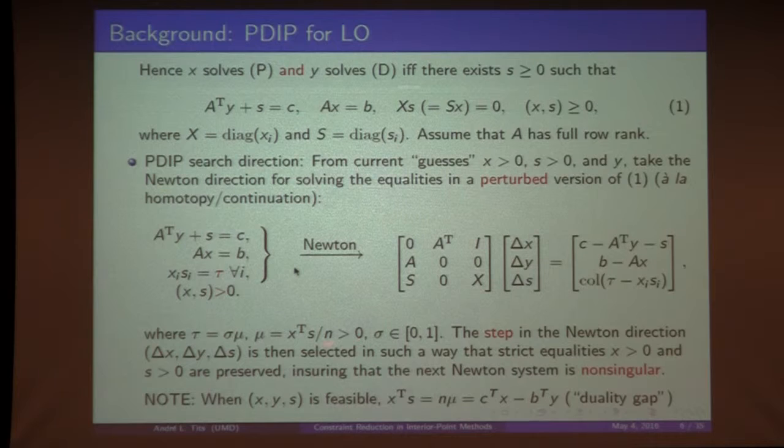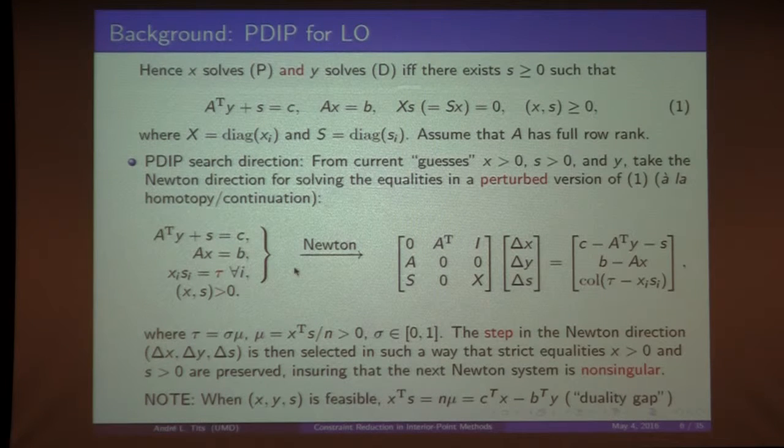And by the way, this mu, which is the average value of the x_i s_i, is in fact n times nu, where n is the dimension, the number of i values. It is the duality gap when x and y are feasible. So this has to do with the duality gap, which is the distance between the current cost for the primal problem and the dual problem.